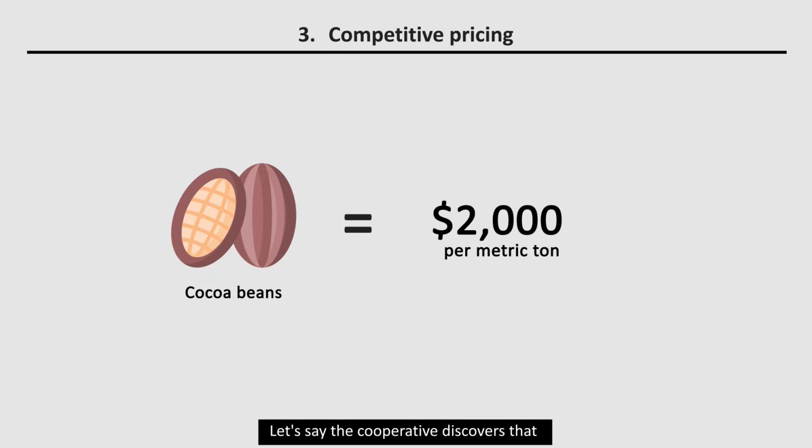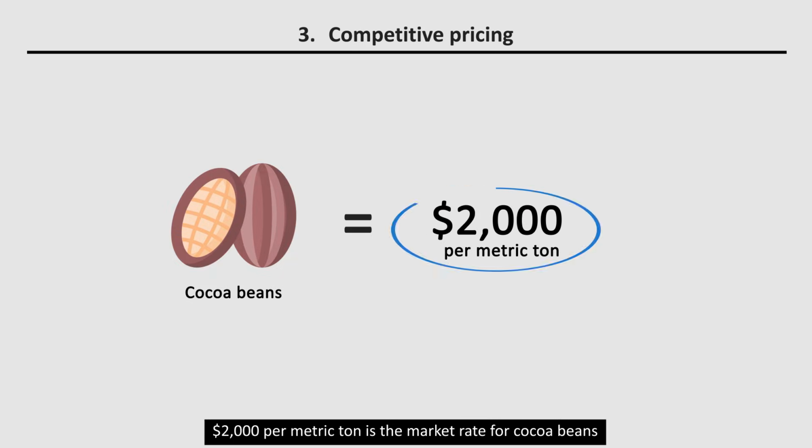Let's say the cooperative discovers that $2,000 per metric ton is the market rate for cocoa beans of comparable quality and origin. To stay competitive, they could choose to value their cocoa beans somewhat below this market rate.